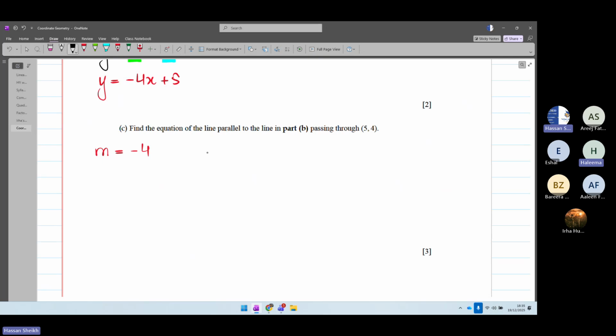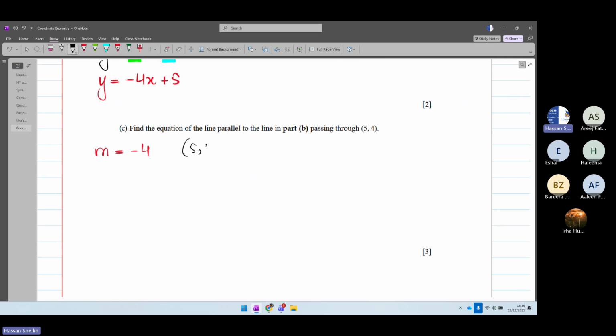And it is passing through 4, 5. Now tell me, is 4 c? No. Because do we have x as 0 here? No. Obviously, if x is not 0, we cannot consider the y as the y-intercept or c.